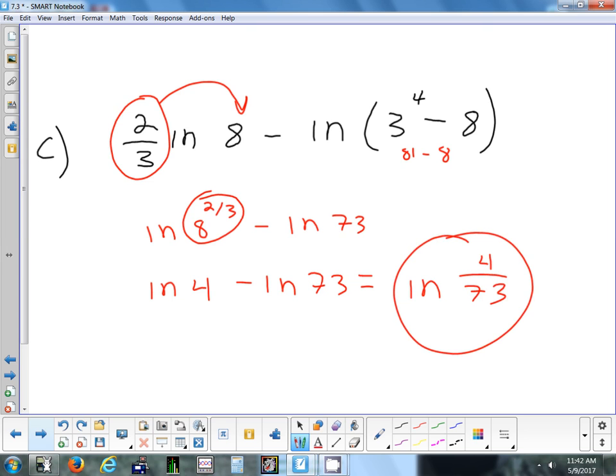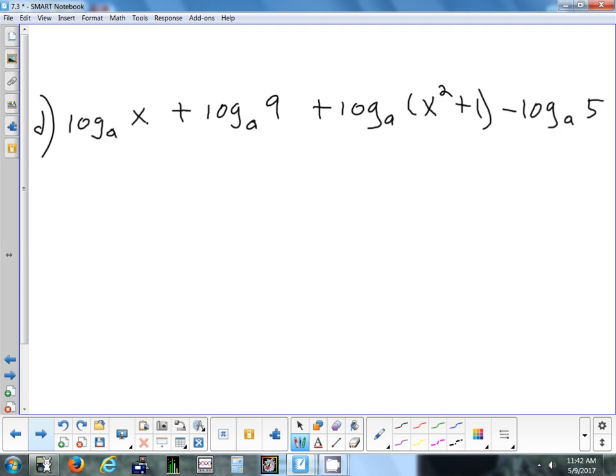Okay, last one. So this, it looks kind of complicated, but I think we're going to be able to do it in one step. Okay, the first one is an x plus a 9 plus an x squared plus 1. Plus, plus. How do you recombine things that are added?